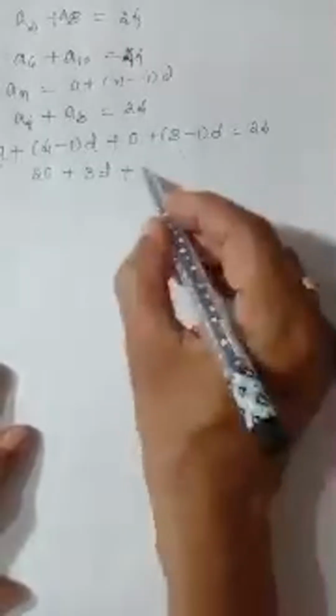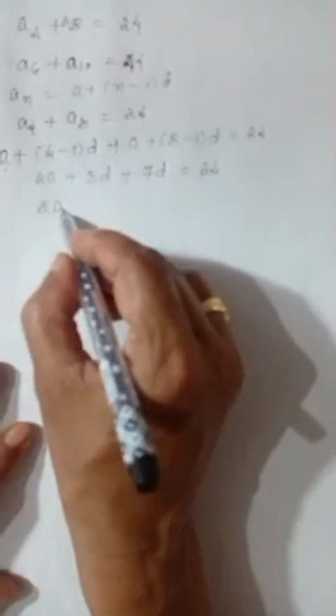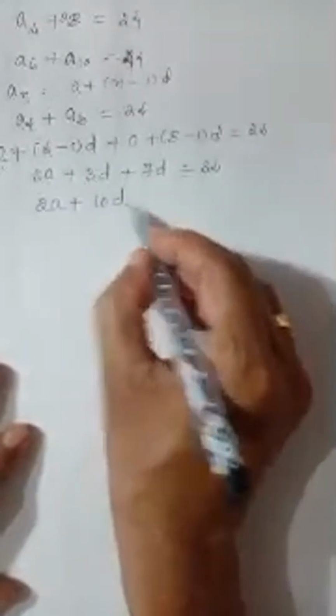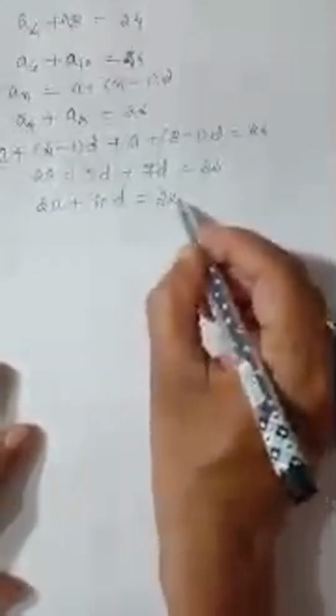Here 1a plus 1a means 2a, plus 3d plus 7d. Add these two terms, that is 2a plus 10d is equal to 24.